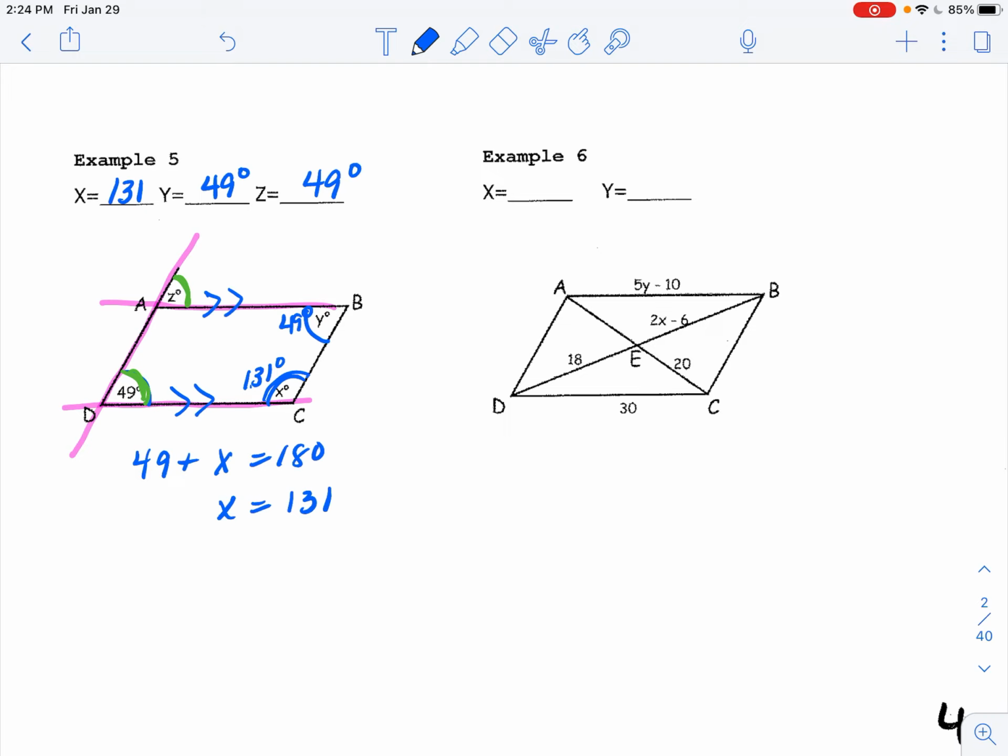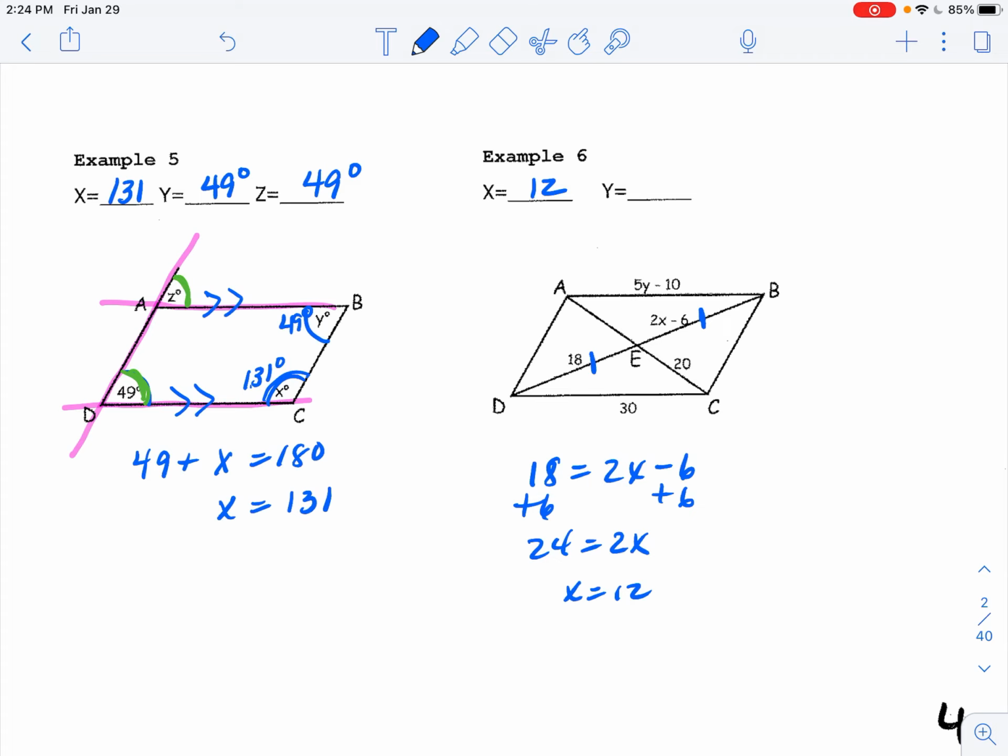And our last example, 6, let's see, what should we do? We know that diagonals bisect, so I know that 18 is congruent to 2x minus 6. And let's see, add 6. That's 24 is equal to 2x, so x is equal to 12 if we divide both sides by 2.